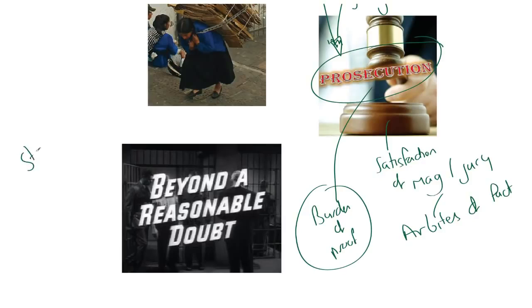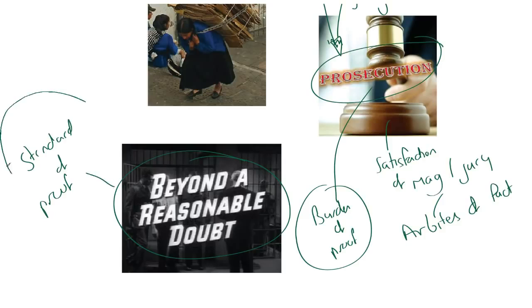The standard of proof is the level to which that satisfaction has to be proved. And in criminal cases, it's beyond a reasonable doubt. So the standard of proof that the prosecution have to demonstrate to the magistrate or the jury in a criminal case is beyond a reasonable doubt.